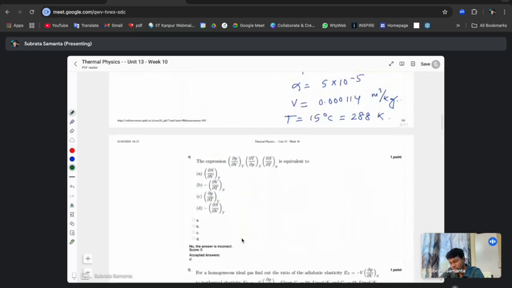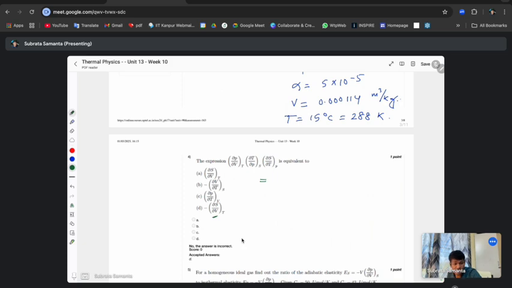Okay, so the next problem: the expression is equivalent to del P del V at constant temperature times del T del P, which equals, so your final expression is only one derivative.